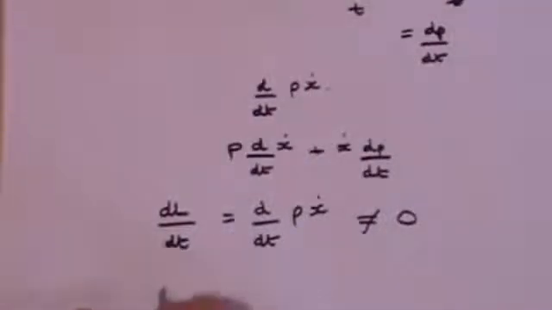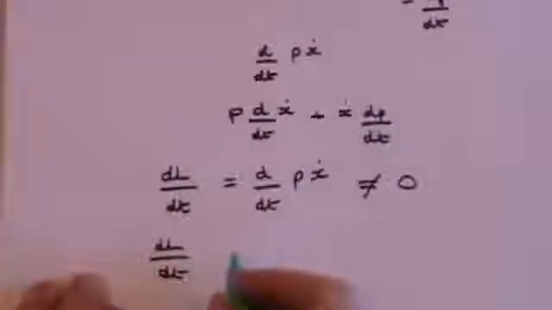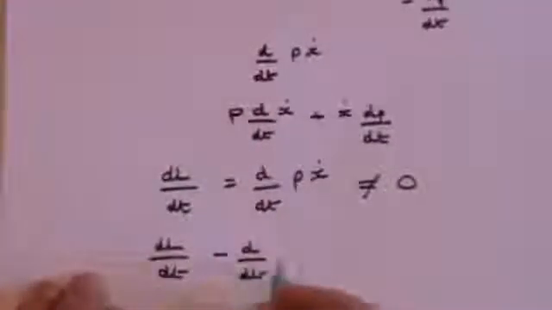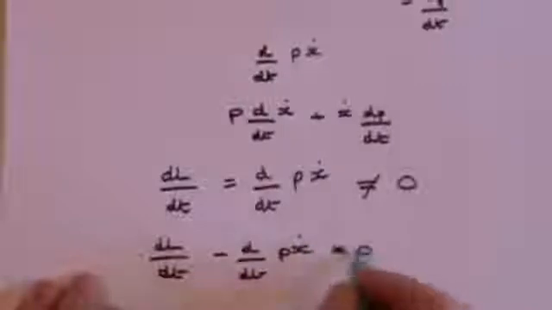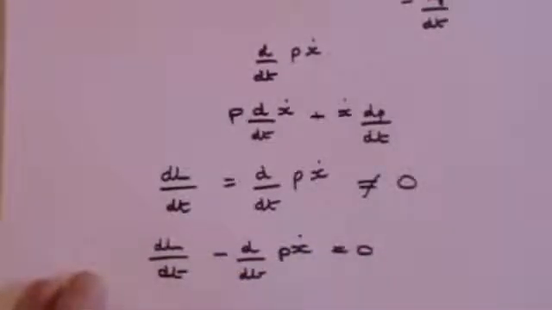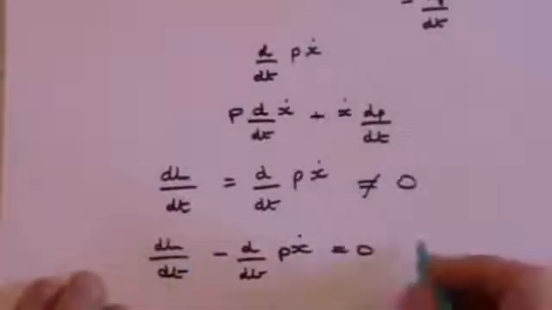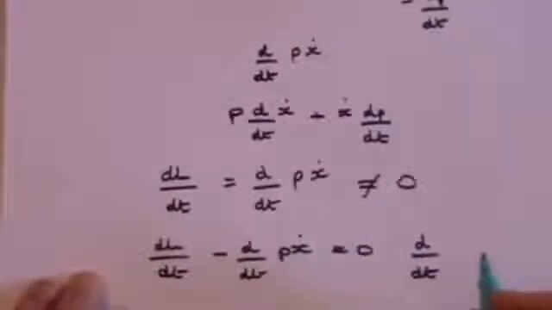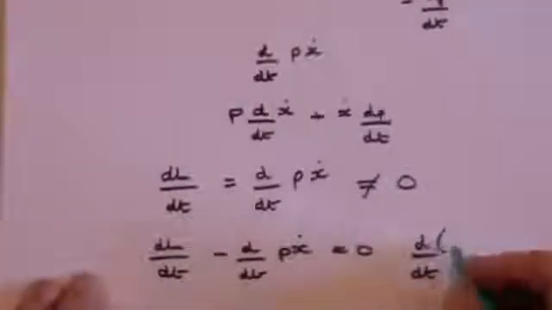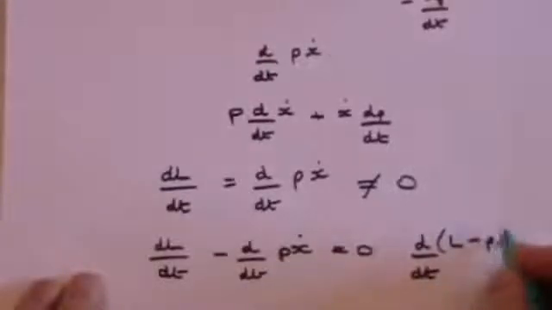So we can have dL/dt minus d/dt of p x dot, and that does equal 0. And we can rewrite this as d/dt of (L minus p x dot).